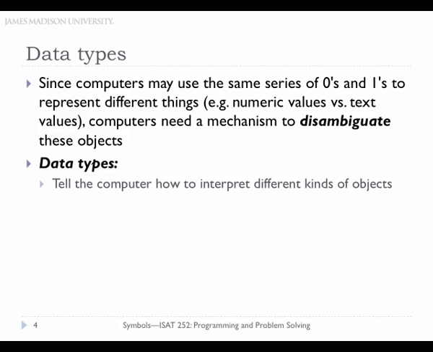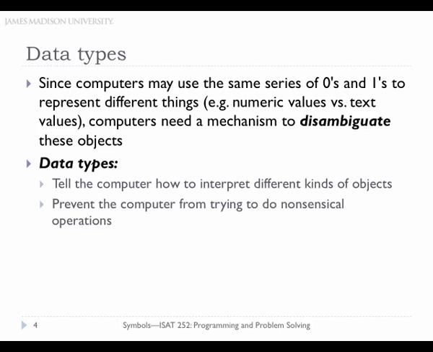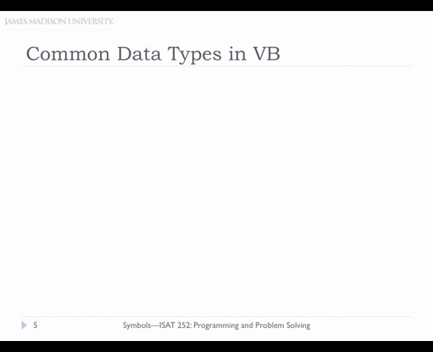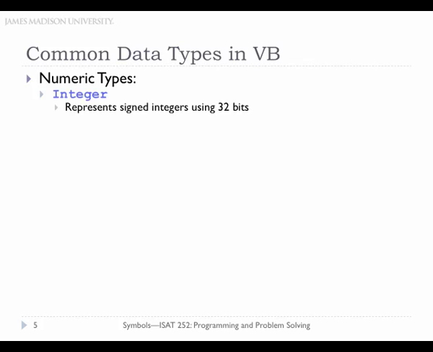So data types tell the computer how to interpret different kinds of objects, and they prevent the computer from trying to do nonsensical operations like use the letter A in a calculation. So let's start with some common data types in Visual Basic. There are numeric types like the integer data type. This represents signed integers using a 32-bit memory placeholder. 32 bits is 2 to the 32nd power different values that can get represented.